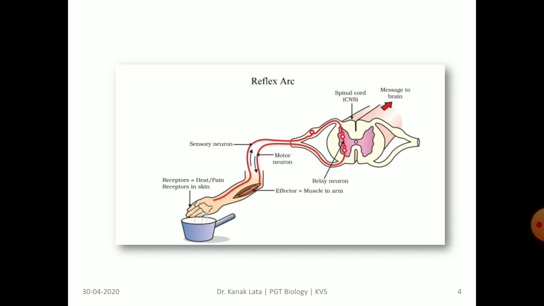Then from the sensory neuron, the relay neuron gives the message to the motor nerve. The motor neuron gives the message to the effectors, that is, muscles in the arm, to remove the hand from the hot water automatically. Here you will observe easily.